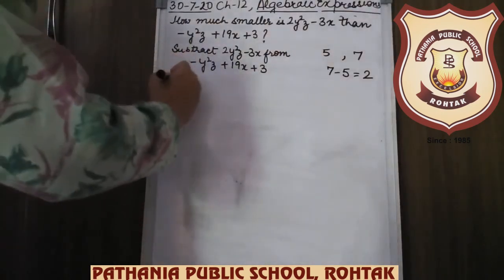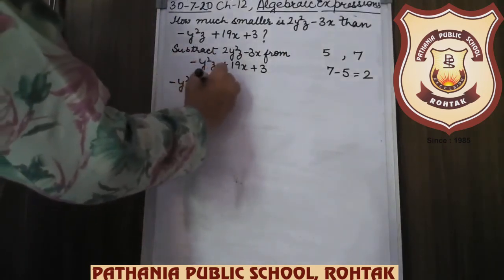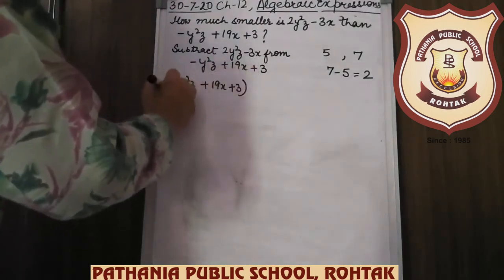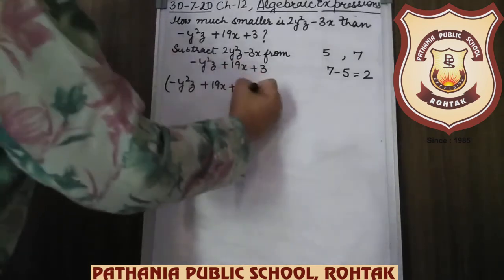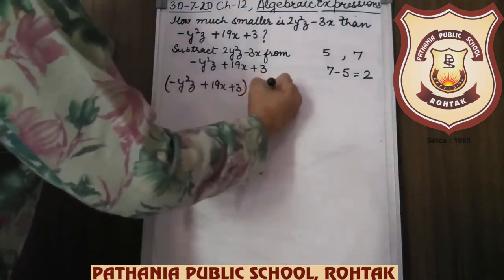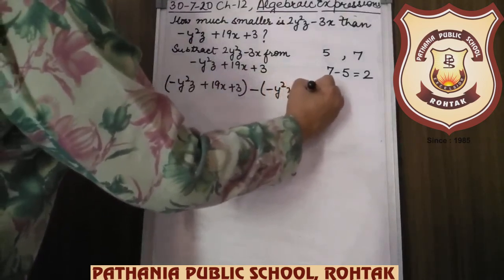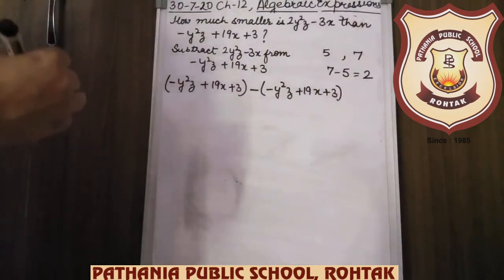Now simply solve it. It will come in bracket, negative sign, 2y square z minus 3x.